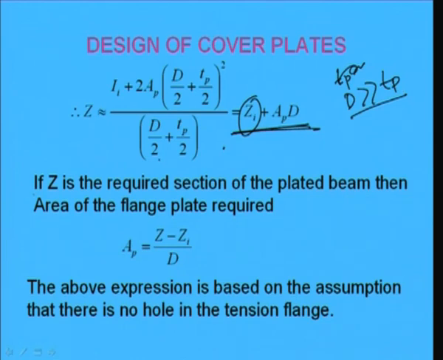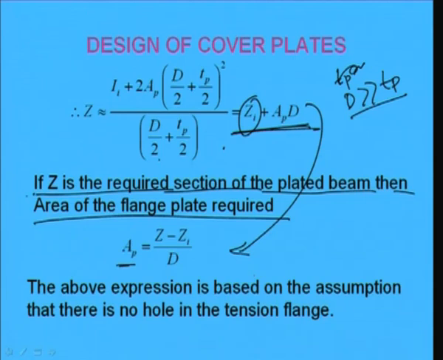So, now if Z is the required section modulus of the plate beam, then the area of the flange plate required will be this. From this equation I can find out A_P is equal to (Z minus Z_I) by D, right.